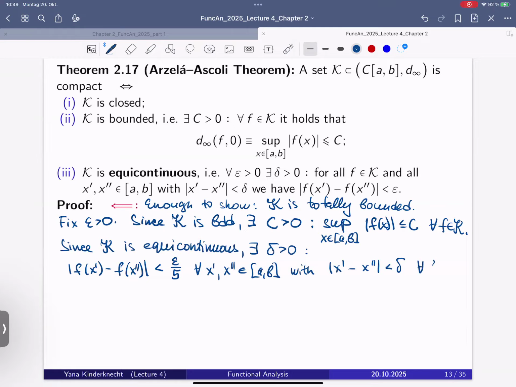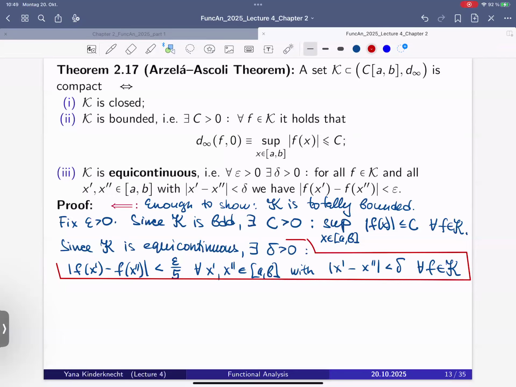And this holds for all f in K. Let me call it, for example, condition. So this mark. Okay, so we have it since K is equicontinuous.